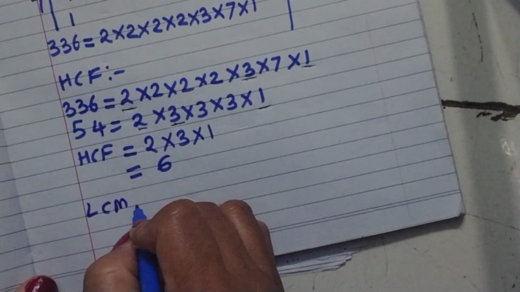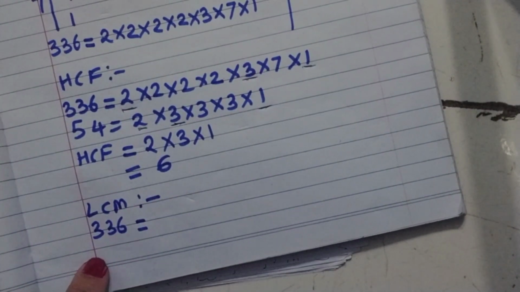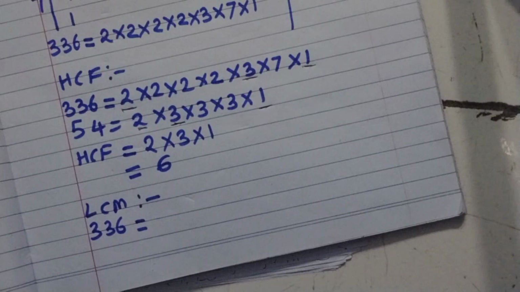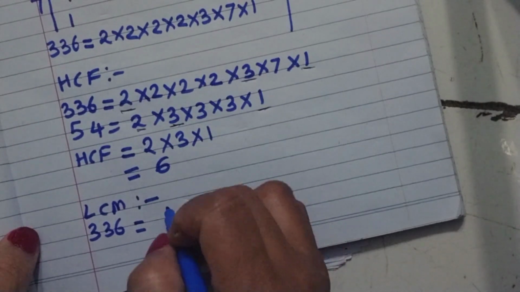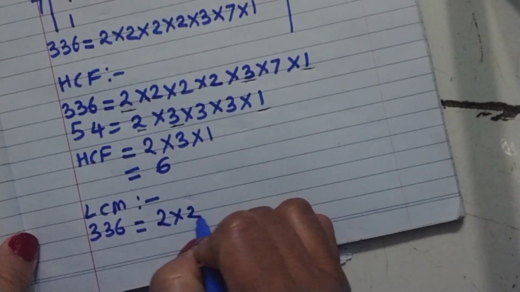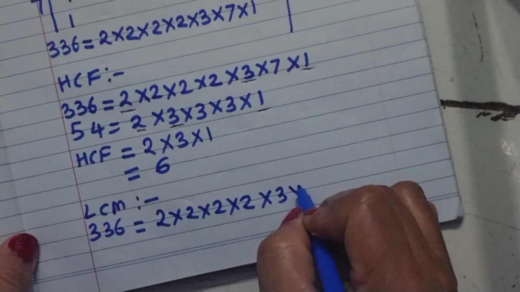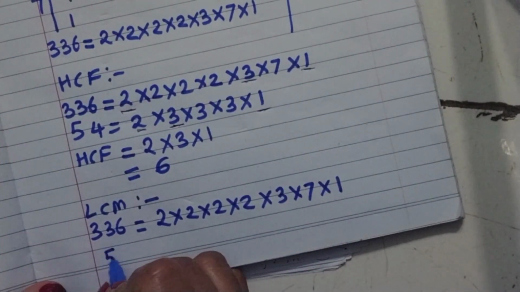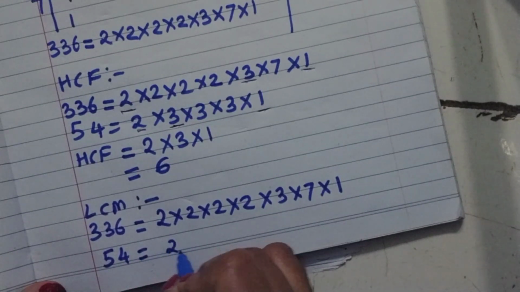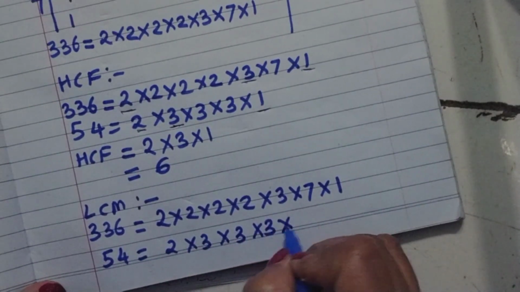For this we write 336 and 54 as product of their prime factors. So 336 is equal to 2 multiplied by 2 multiplied by 2 multiplied by 2 multiplied by 3 multiplied by 7 multiplied by 1. Now 54 is equal to 2 multiplied by 3 multiplied by 3 multiplied by 3 multiplied by 1.